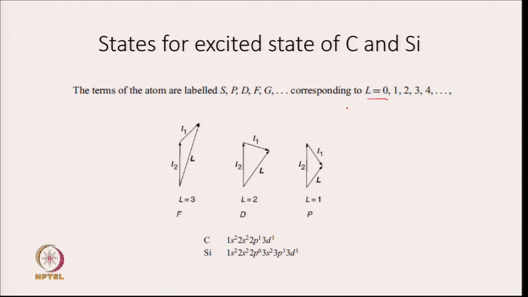L equal to 0 corresponds to S, L equal to 1 corresponds to P, L equal to 2 corresponds to state D, and L equal to 3 corresponds to state F. We showed last time that for carbon and silicon we have L equal to 3, L equal to 2, L equal to 1. So, we have F state, D state and P state. Both carbon and silicon are going to have F state, D state and P state.